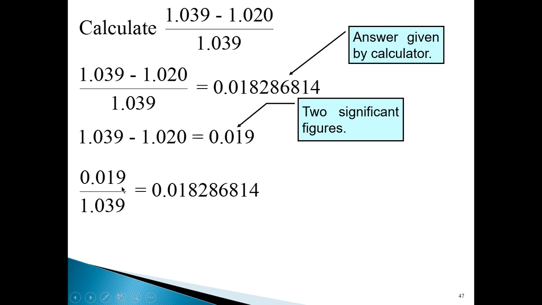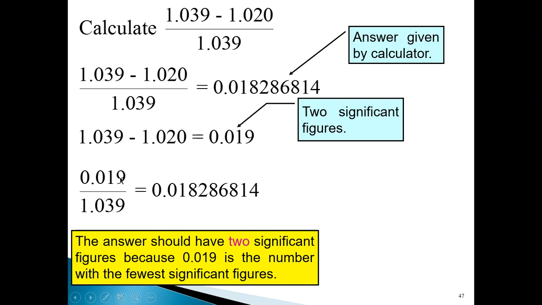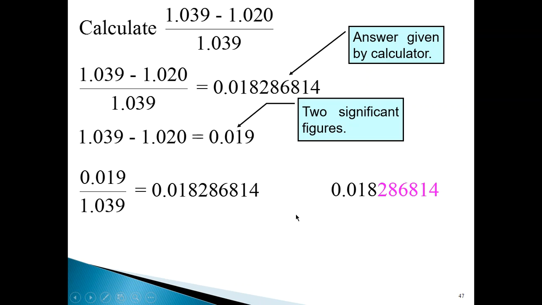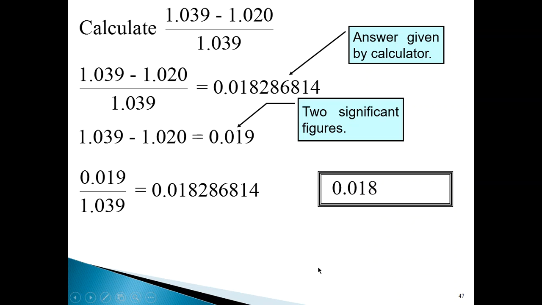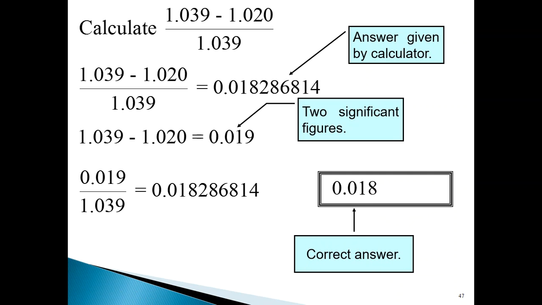So in this case, we have two significant figures here. We have four significant figures here, which means that your answer that you get here must be rounded off to two significant figures. So this is the answer. We have to drop all these digits here, colored in pink, and therefore your final answer is 0.018. And that's basically how you deal with it.